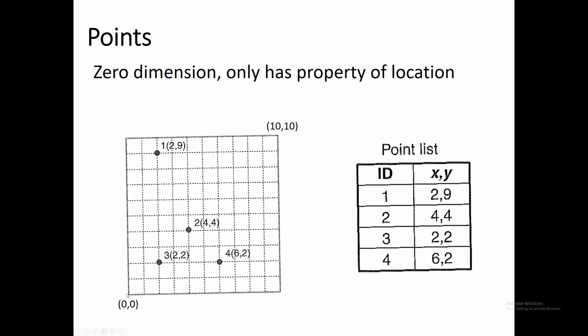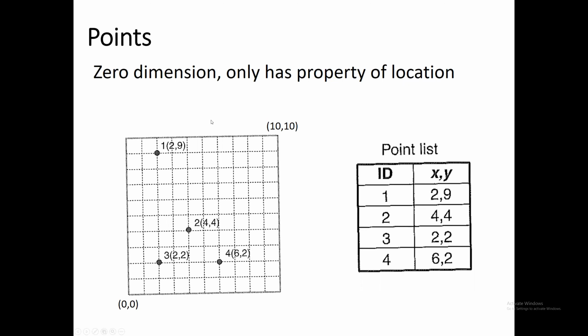So in this corner it's 0, 0, and in this corner it's 10, 10 in this little example. Point number 1 is labeled as 1, so we know which it is. Here's a list of the different points: 1, 2, 3, 4. The coordinates of this one are 2 in the X direction, 9 in the Y direction. So to get to point number 1, which is 2, 9, start at 0, 0, go over 2, up 9. All right, you guys got this.